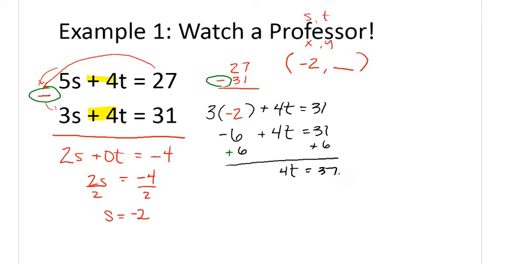I think something clearly has gone wrong here. Let's just work this down though. So t, I think, is actually equal to 9 1/4. Did I do something wrong?